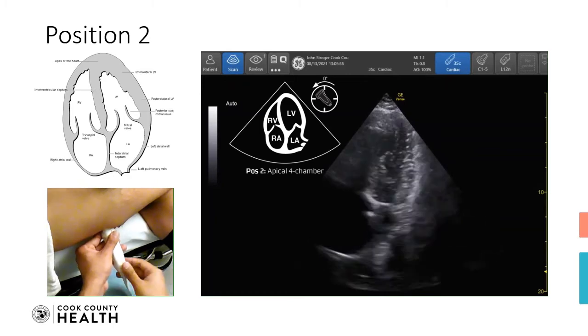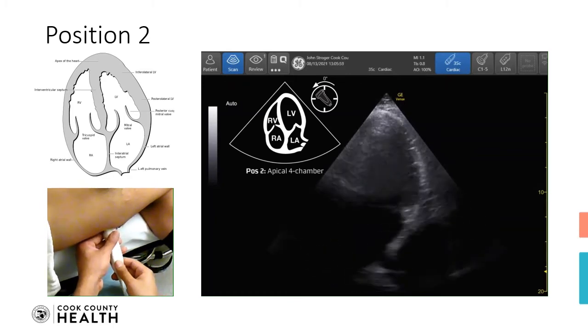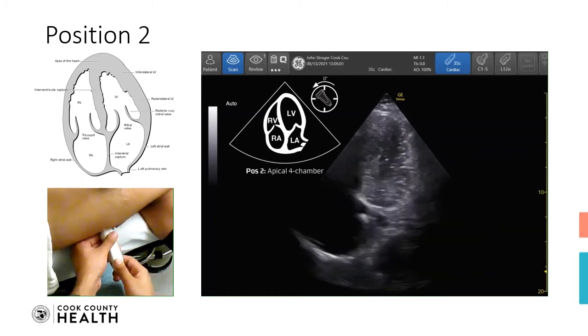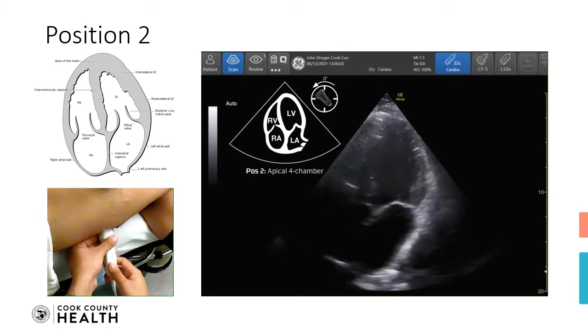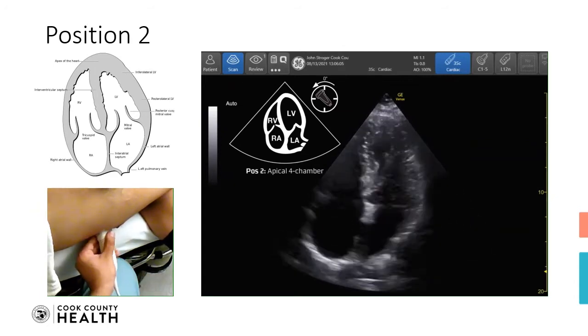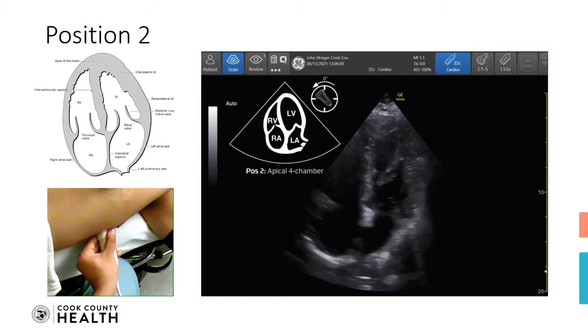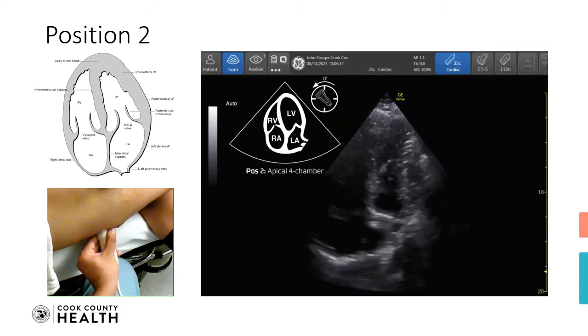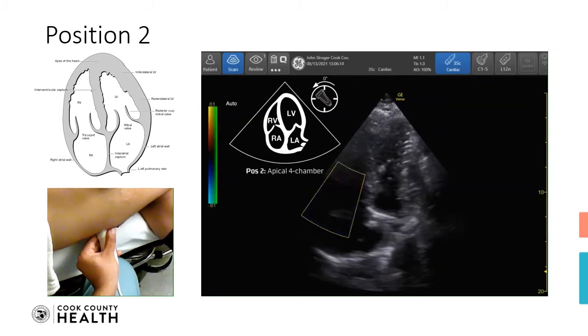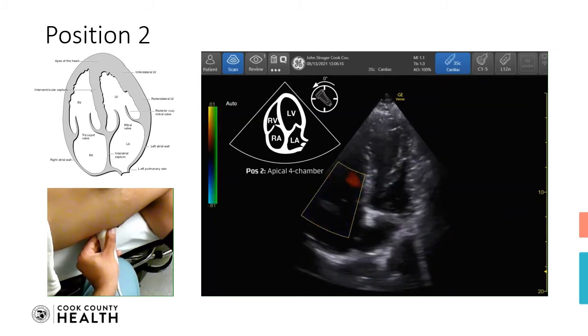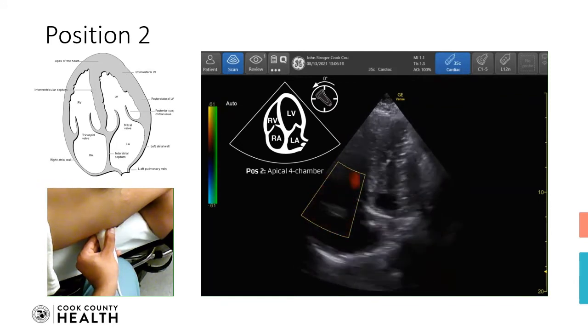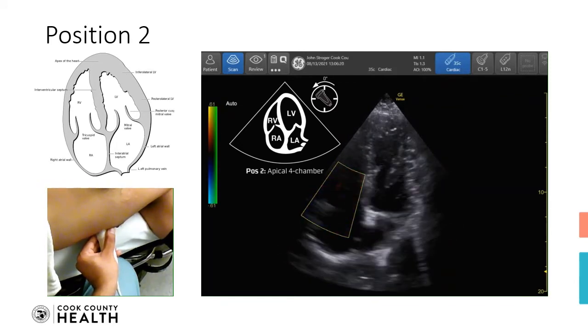Still moving the probe to get a better view. As you can see, the tricuspid valve is better seen, and there is not much regurgitation or stenosis.